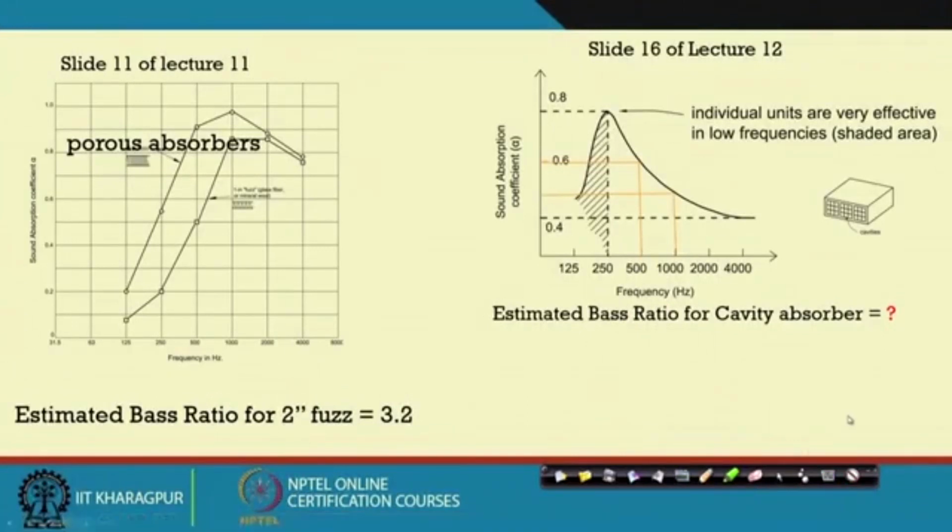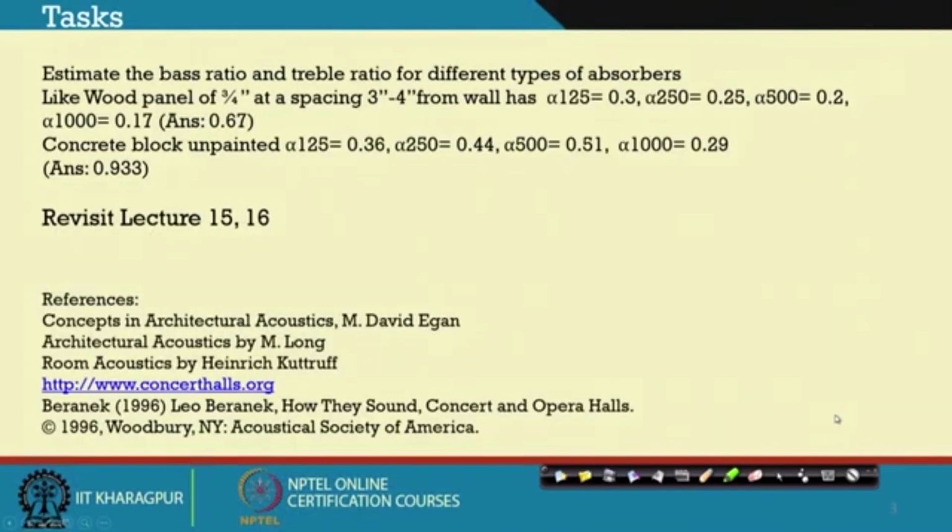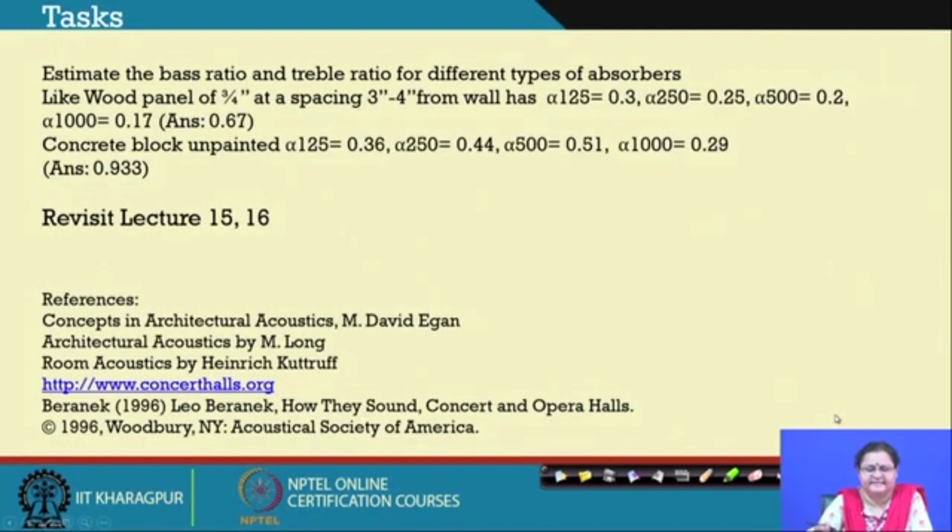So, I leave you with small tasks of calculating out the bass ratio as well as the treble ratio for the different types of absorbers. The bass ratios, the answers are already given. You can revisit the previous lectures, that is even lecture 11, 12 along with it lecture 15 and 16, and we will move on to the next lecture.